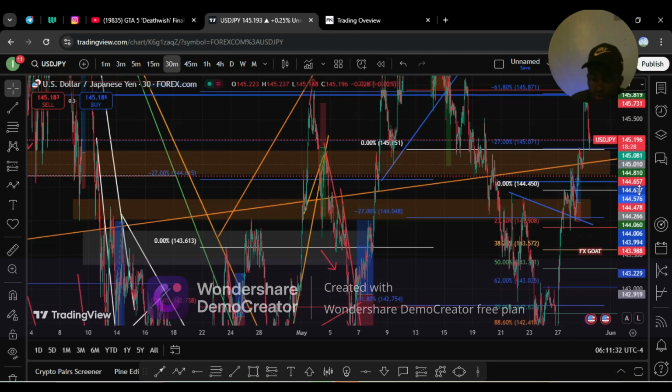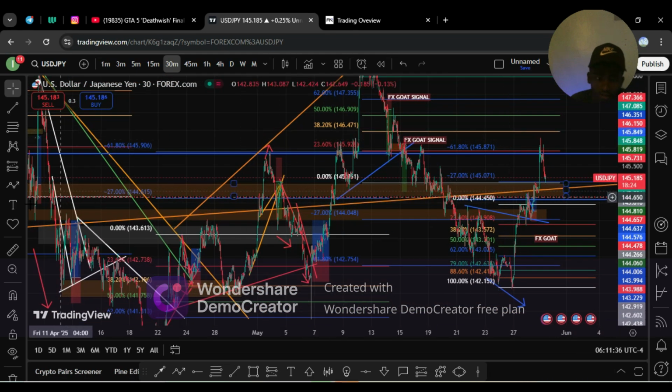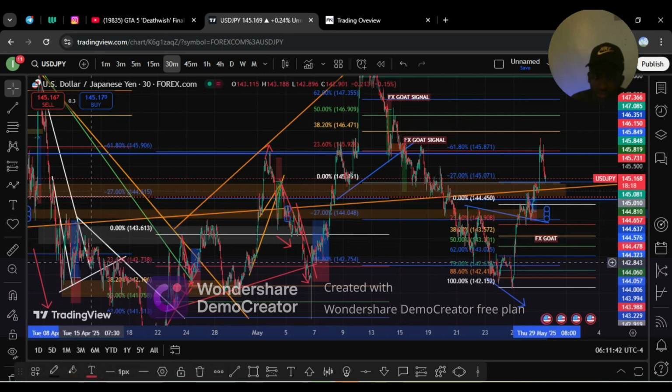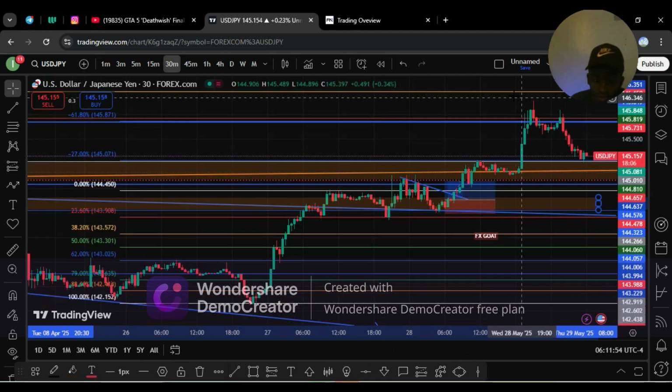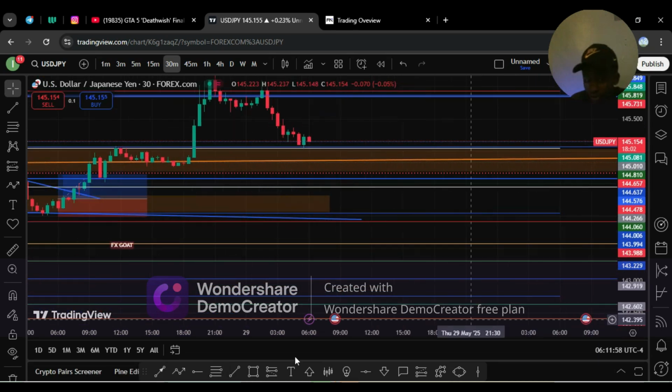Another reason why I started saying, okay, this could have been some possible buys, is this orange supply and demand zone. You can see price tested this resistance and support, guys, resistance and support. So once I saw that, that was another confirmation for going long on this.